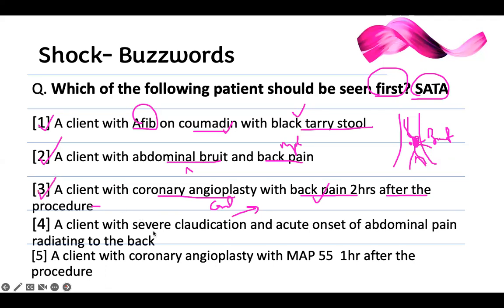A client with severe claudication and acute onset of abdominal pain radiating towards the back. That's another way of them asking you that. Just know that this is the knowledge content. Claudication is demand ischemia, which means you have peripheral vascular disease, PAD.